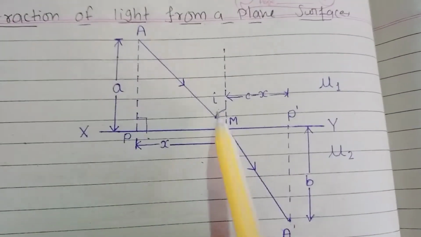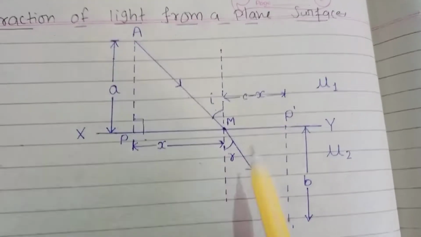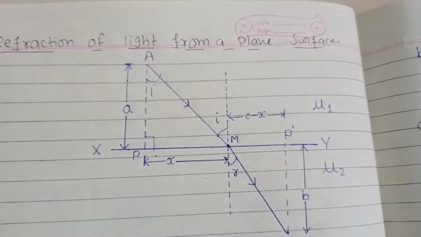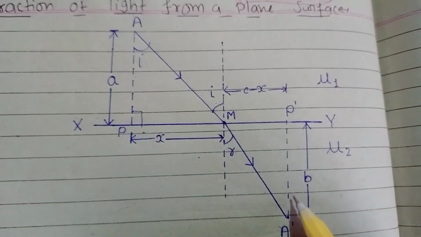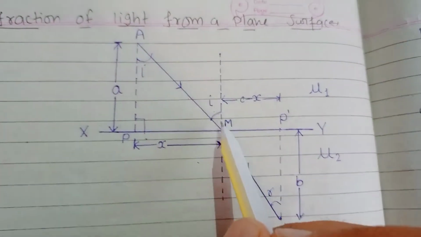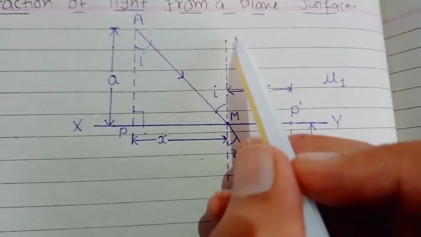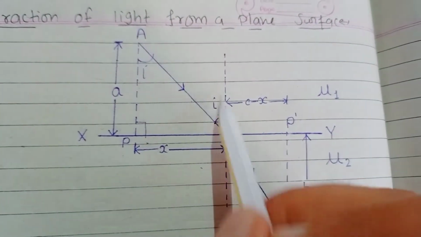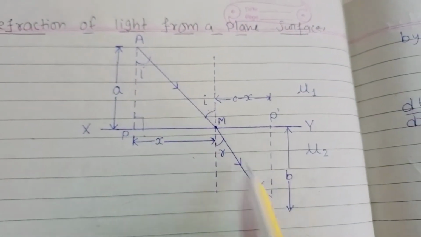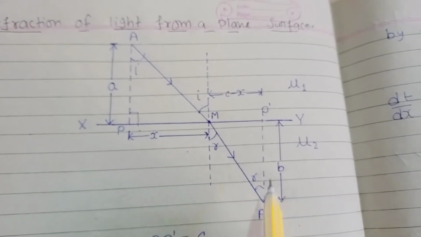Now we have angle of incidence I and angle of reflection R. Same here, the angle of incidence. In the previous video I have explained you that these two are the alternative angles, so these will be equal. Similarly, these two are also the alternating angles, so these also will be equal.